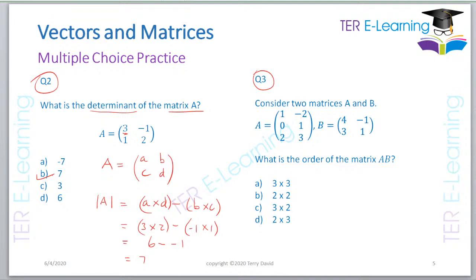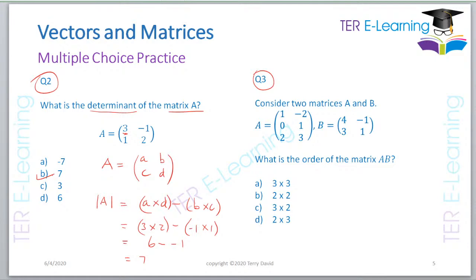Let me ask you a question. What is the order of the matrix E? What is the order of the matrix E? So remember, the order of a matrix is how many rows by how many columns we have.